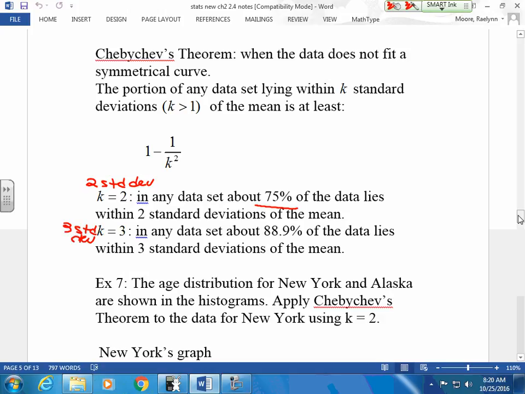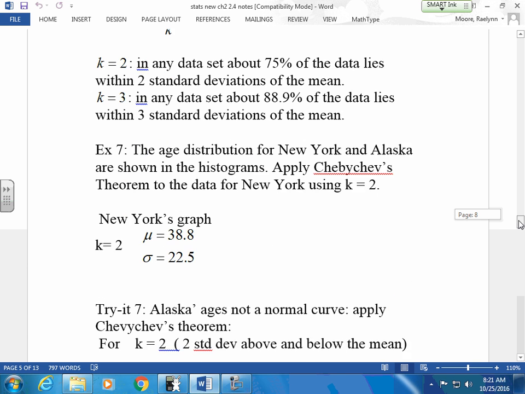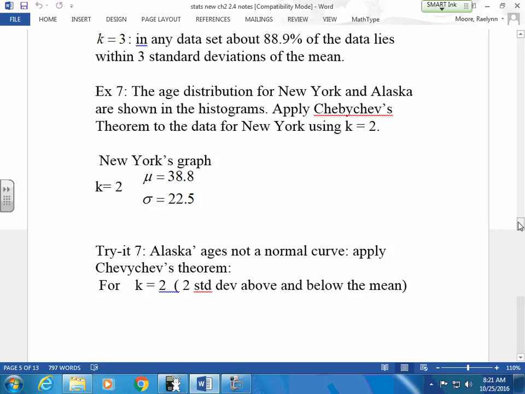And for 2, it's 75%, and for 3, it's 88.9%. It's all that we can get through this. Now, what he says is this. It has to be at least 1 standard deviation above the mean for his to make sense. So if you take a look at example 7, let's walk through one of the examples. And this is the only time we work with a non-normal curve.